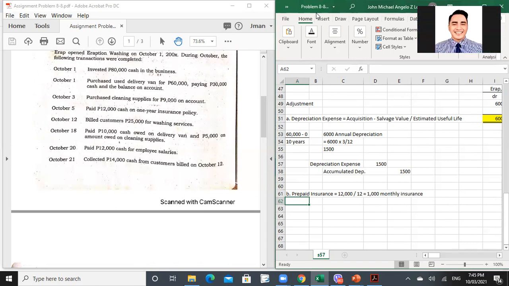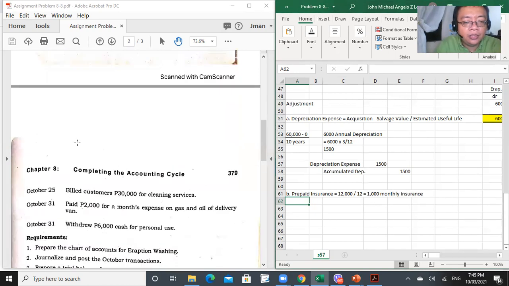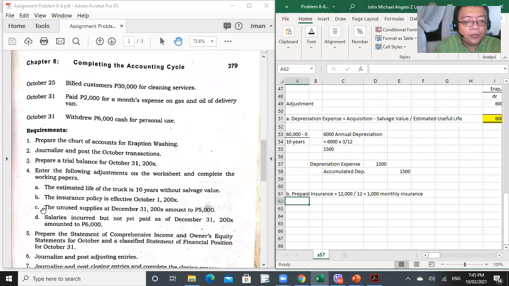In this problem, October 5 is the date of your purchase, but the insurance policy is effective October 1. Even though you pay it on October 5, the effective date is October 1. So it depends on the problem.